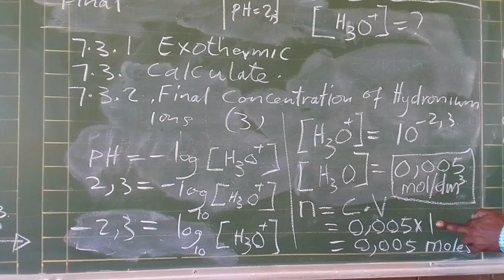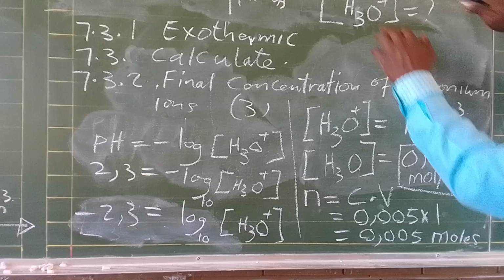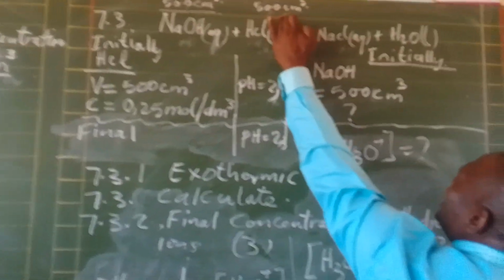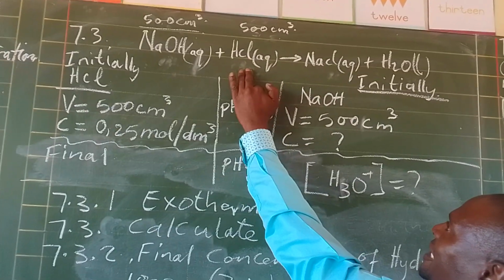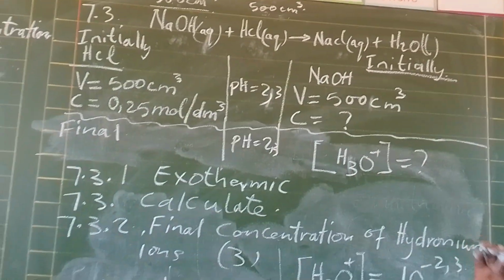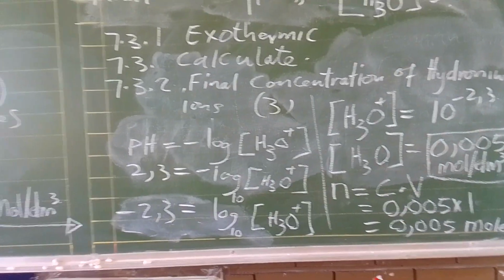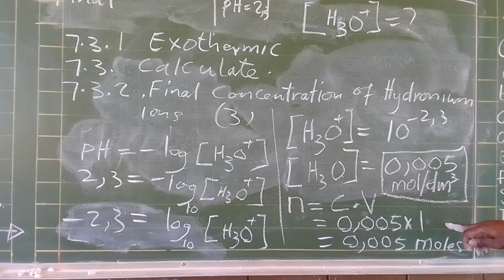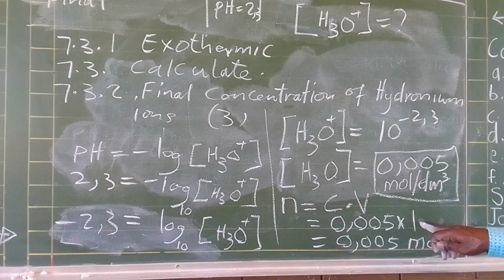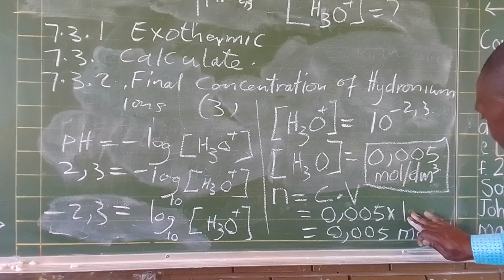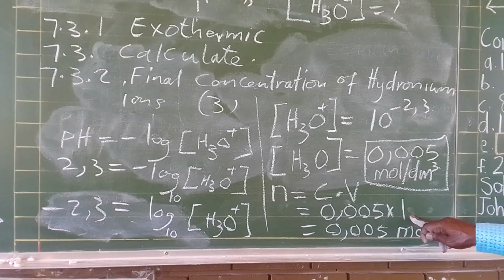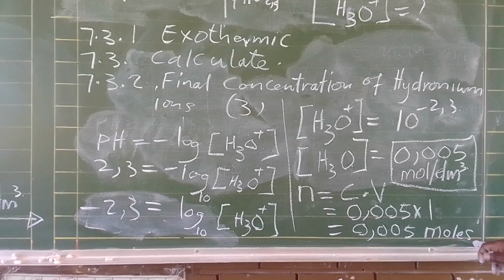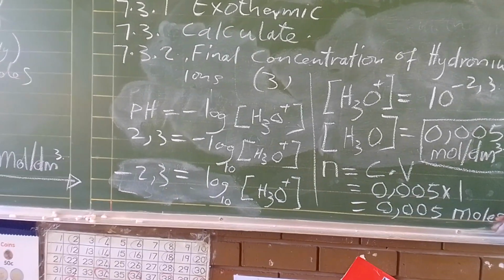What is the volume? It is 1, because we have 500 cubic centimeters of hydrochloric acid combined with 500 cubic centimeters of sodium hydroxide, and they form 1000 cubic centimeters. When you change that into decimeters cubed, it is 1 decimeter cubed. Then you multiply here, you find 0,005 moles. This mole is for final.